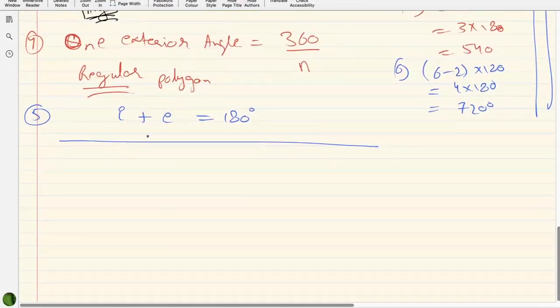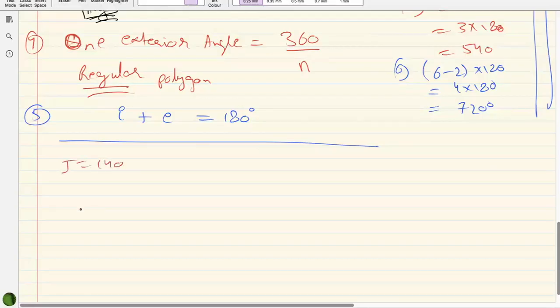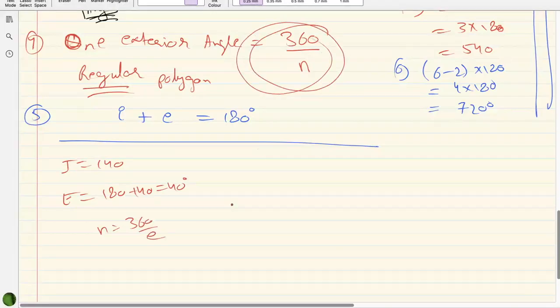So basically, I'm assuming that you went through this. You had the interior angle. You took out the exterior first, which is 40. And you knew number of sides would be 360 over exterior angle, making n the subject. And 360 by exterior, you got 9 sides.